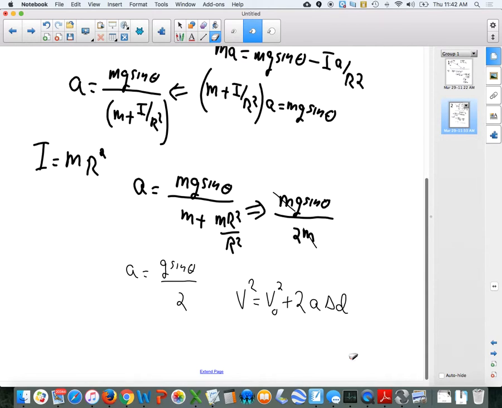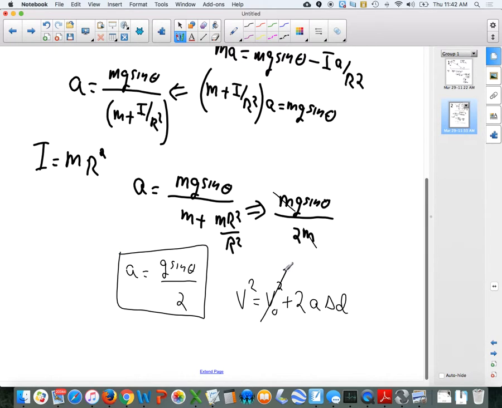The acceleration is this term right here, and the initial velocity was 0, so we're left with v squared equal to g sine theta times 2 over 2 times delta d.